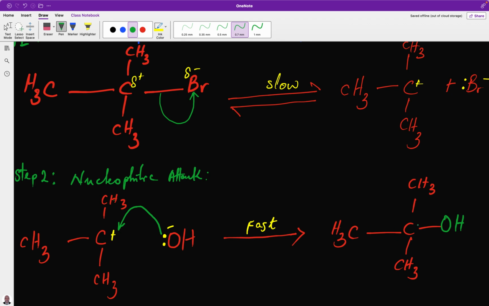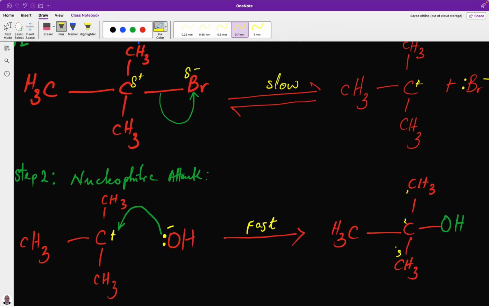This is 2-methyl propan. Let me number the carbons so that you can see. Carbon 1, carbon 2, carbon 3. You can still start from here. Carbon 1, carbon 2, and carbon 3.